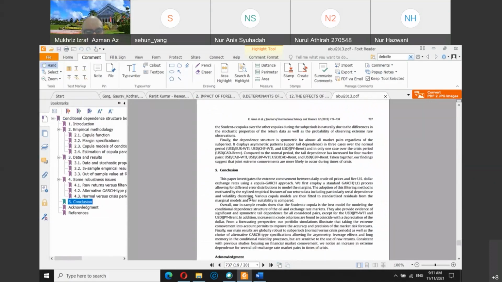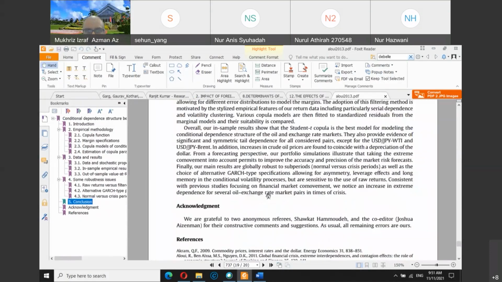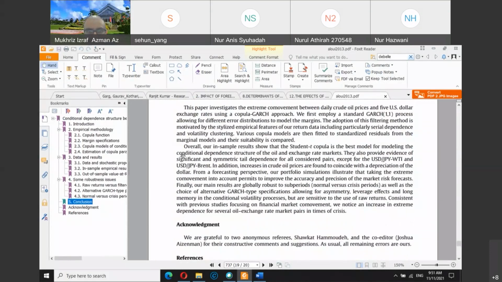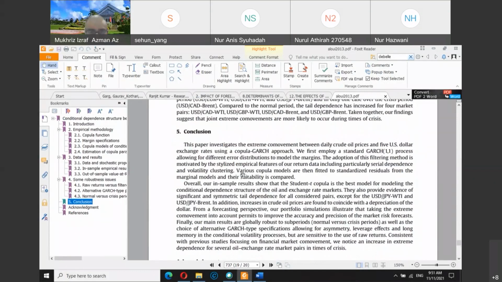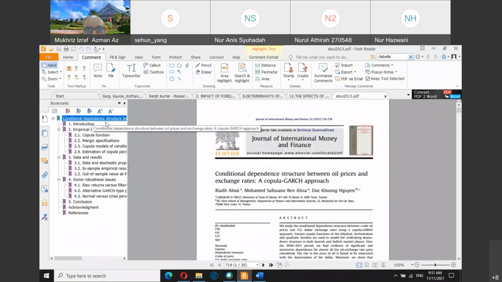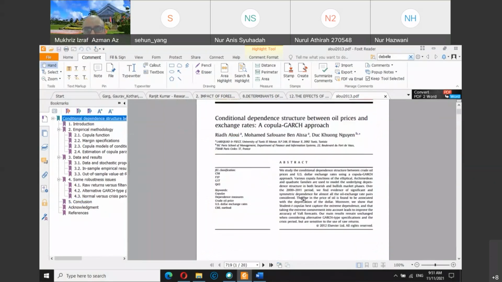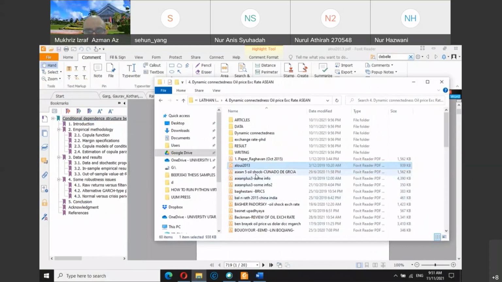You go to the abstract of the article and then the conclusion. Usually this is the way to go first. This is how you get an overview of the main findings of the paper, especially in the abstract, because an abstract of a journal is usually quite concise.